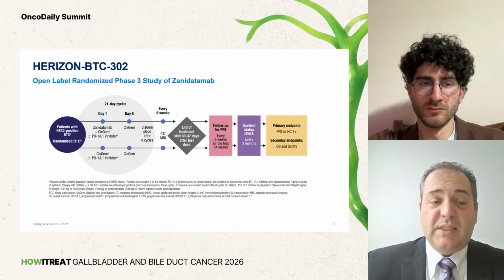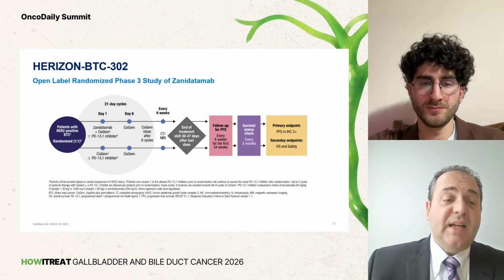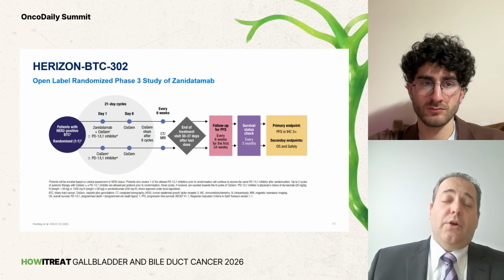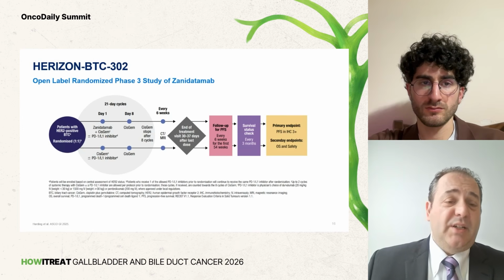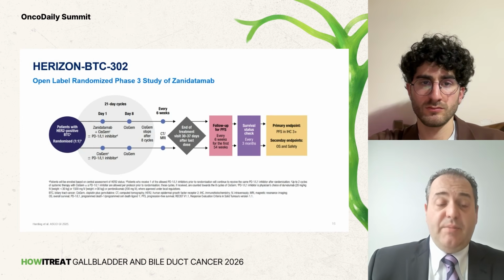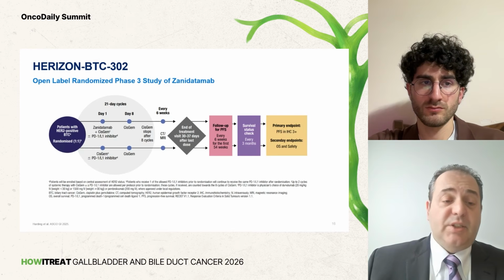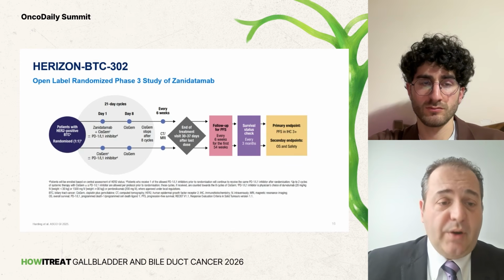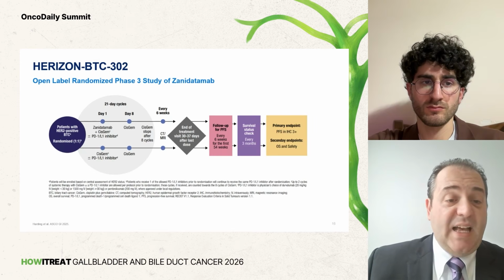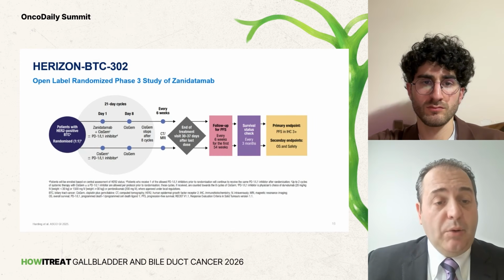This is a critical study as well. This will again look at advanced biliary tract cancer, HER2 central confirmation of IHC 3 plus or 2 plus with amplification, treatment naive, randomization between standard GemCis immunotherapy versus GemCis immunotherapy and zanidatamab, open label trial.